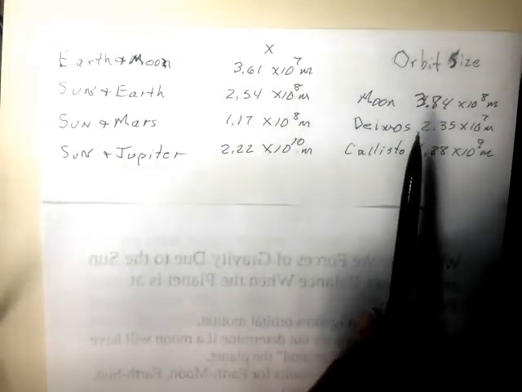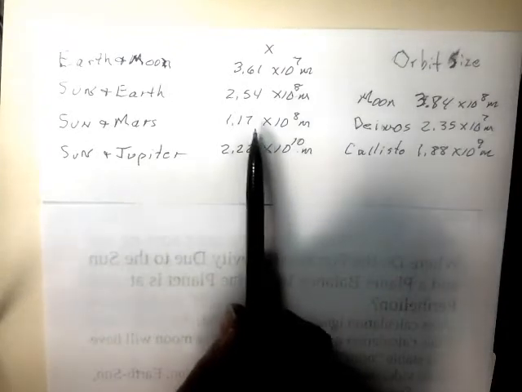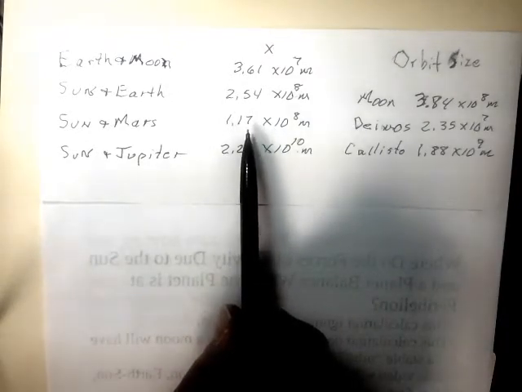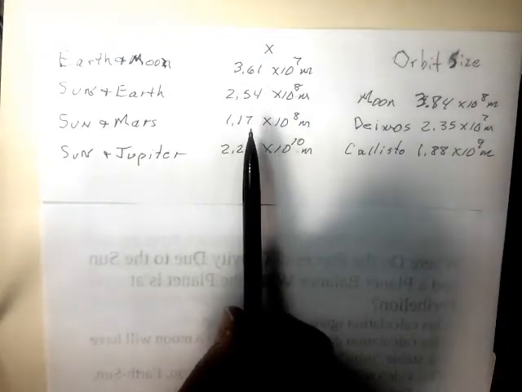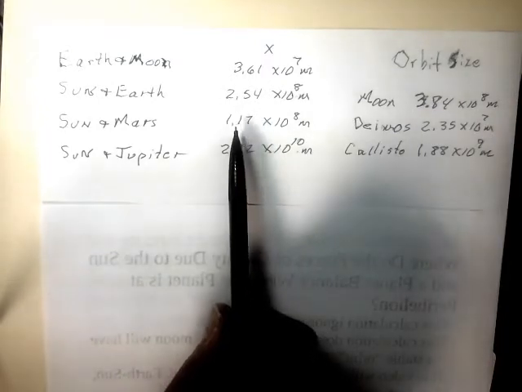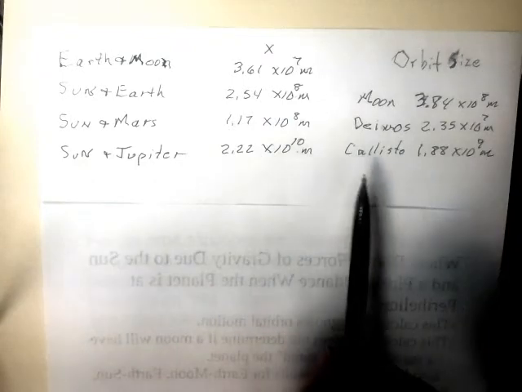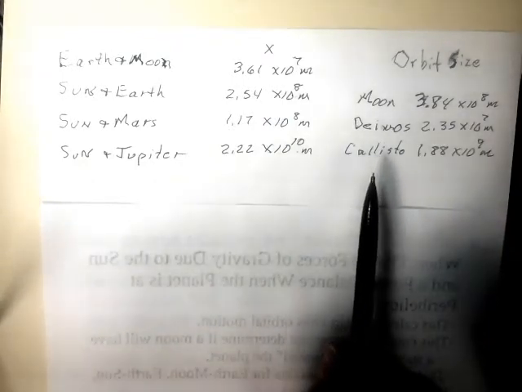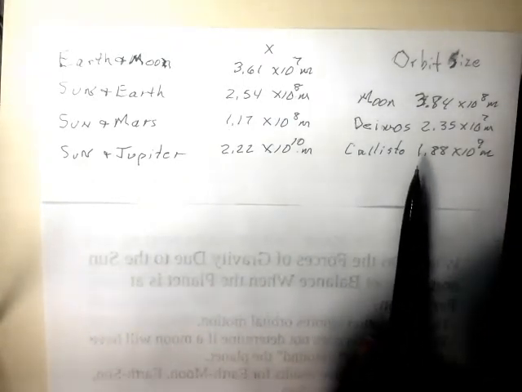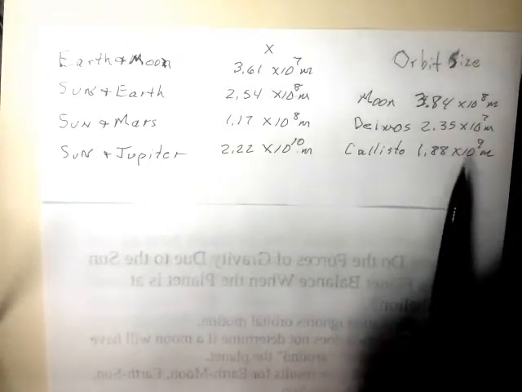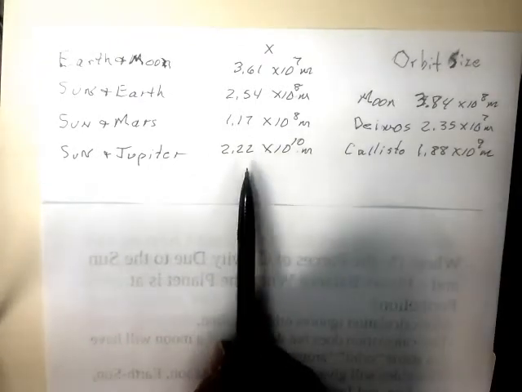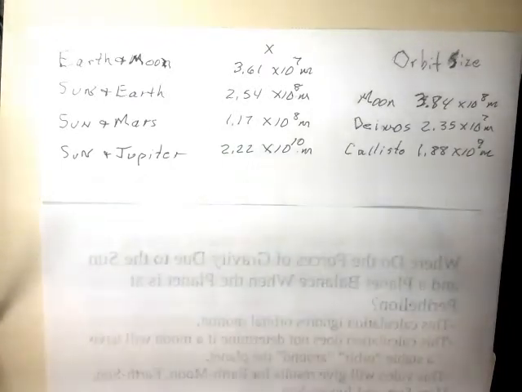Deimos orbits Mars close compared to where this balance point of gravity is between the Sun and the object and Mars and the object. And then for Jupiter, its outermost Galilean satellite is Callisto. It has an orbit size of 1.88 times 10 to the 9th meters. That again is fully inside the region of space where Jupiter's gravity dominates over the gravitational force of the Sun.